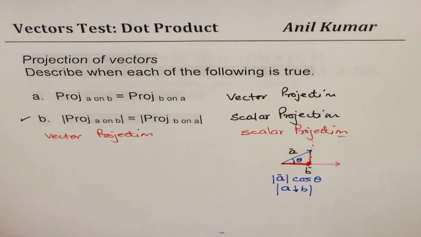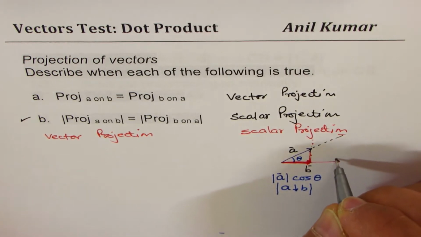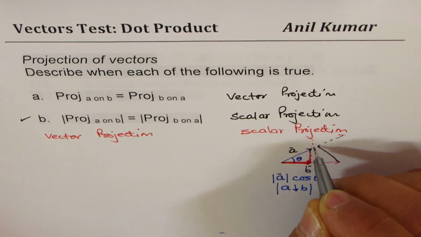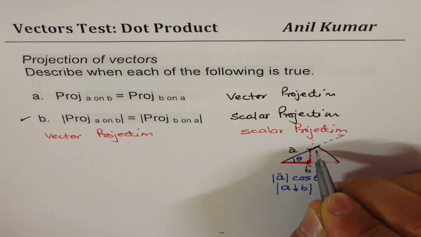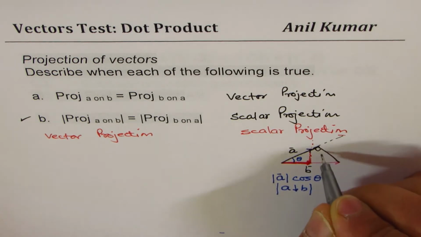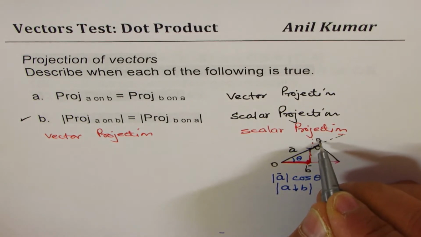On the other hand, if I am looking for projection of B on A, so B is this vector B, right? So on A, let me extend this a bit. That perpendicular gives you this length. So this length becomes projection of B. If I say this point is O, then this is B dash.